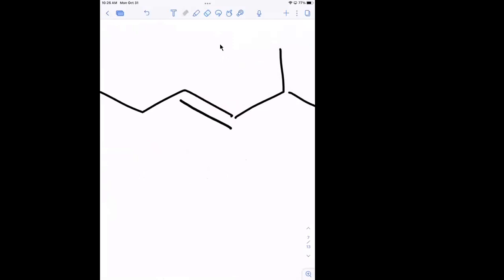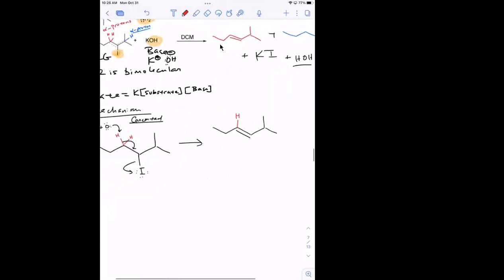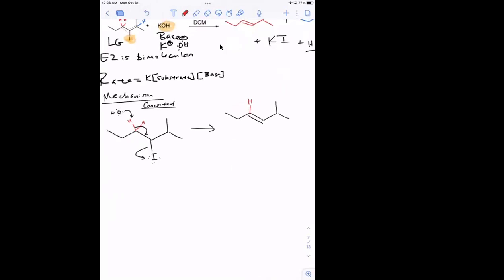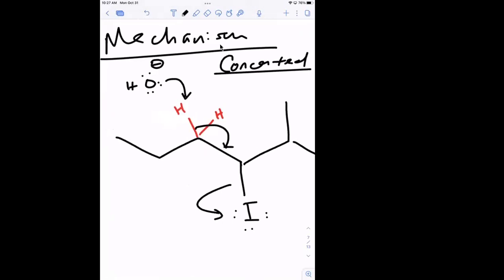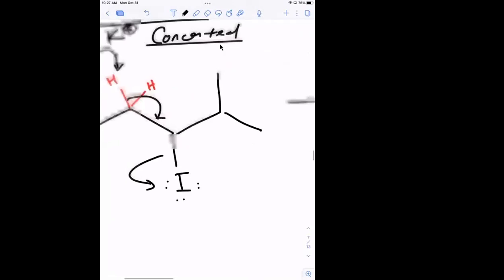I have a double bond here. I still have this one hydrogen here that's left. And that's how I get to my first product. And it's all conserved. So then I'll have water, H2O, plus KI, because the K that's positive is going to end up with that iodide.